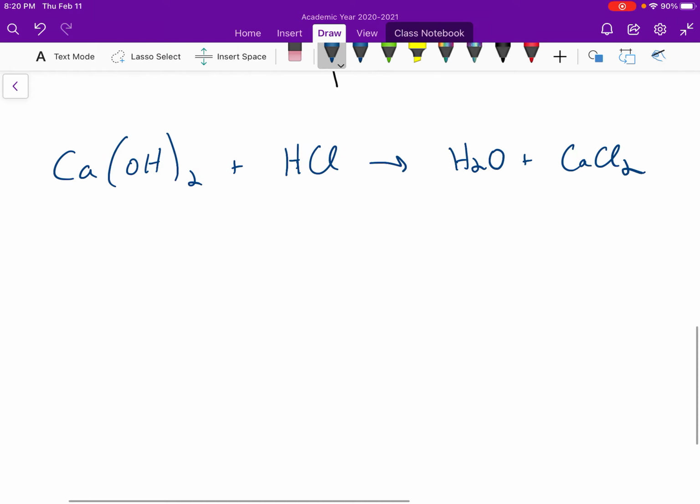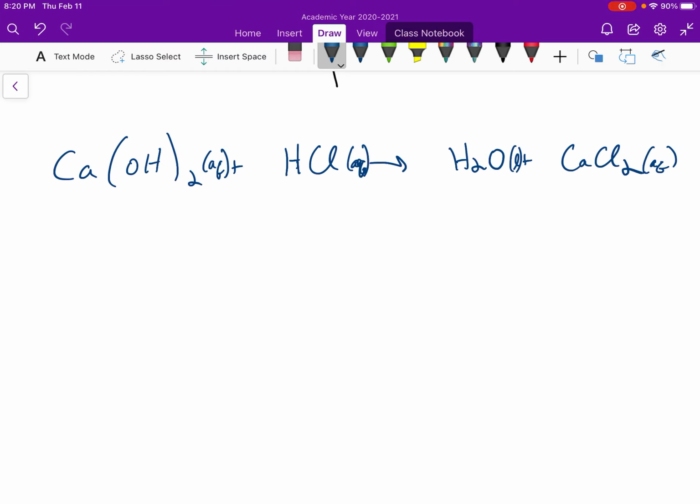Here is an acid-base reaction. We have the base calcium hydroxide, which is an ionic substance, but that dissolves in water. So we're going to write aqueous, aqueous, liquid, aqueous.